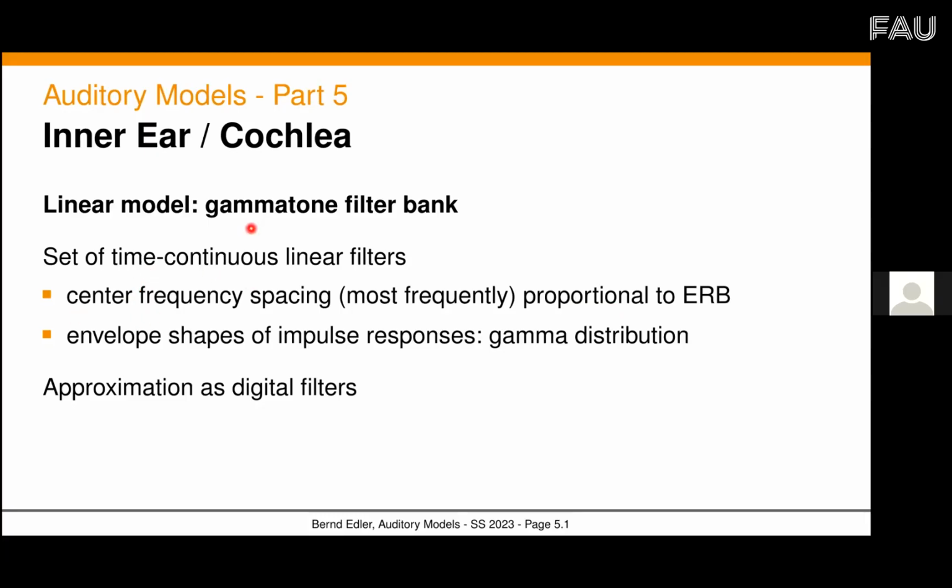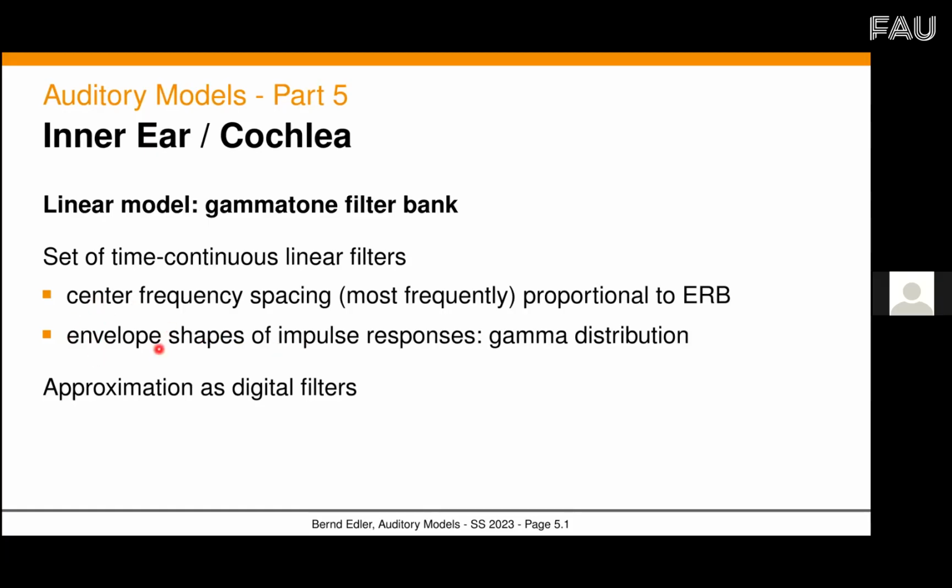But now, why are they called gamma tone filters? This comes from the design of the impulse responses, because they are generated as modulations of a certain envelope. You will see it in the examples later.